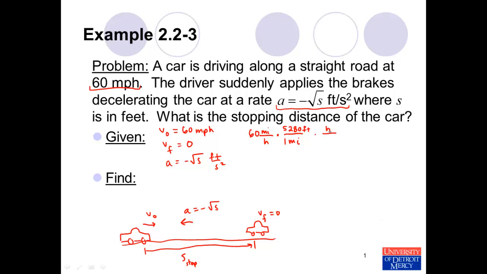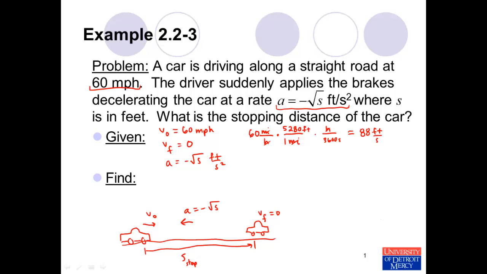So we put hours in the numerator, and an hour is equal to 60 minutes, and 1 minute is equal to 60 seconds. Together, there are 3,600 seconds in 1 hour. So the hours cancel, the miles cancel, and we're left with units of feet in the numerator and seconds in the denominator, just as desired. If we do that calculation, we get that the initial velocity is 88 feet per second.